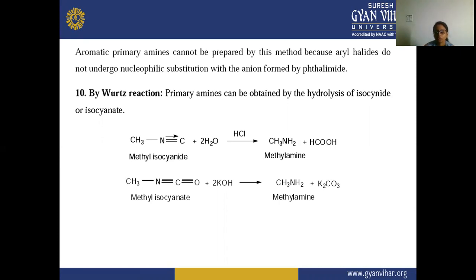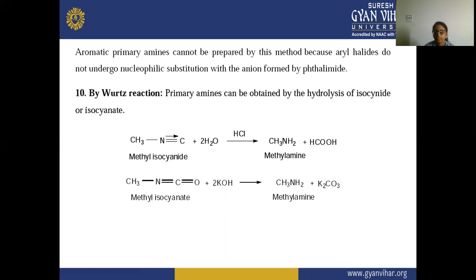In this reaction, you can see that the methyl isocyanide is reacting with the water molecule in the presence of your HCl, and it is forming methyl amine plus formic acid. Next, the methyl isocyanide is reacting with potassium hydroxide, that is the alkali.